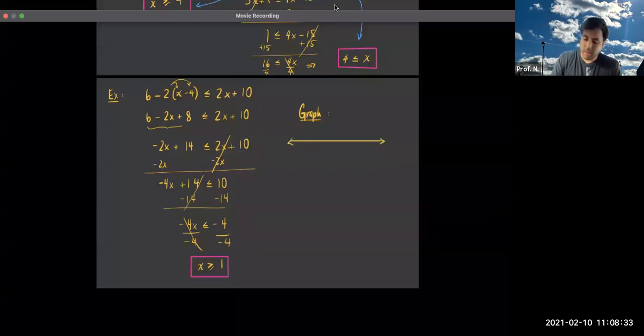So then I would say 1, closed circle, shaded to the right. What would be the interval notation? The interval notation would be everything from 1 included to positive infinity.